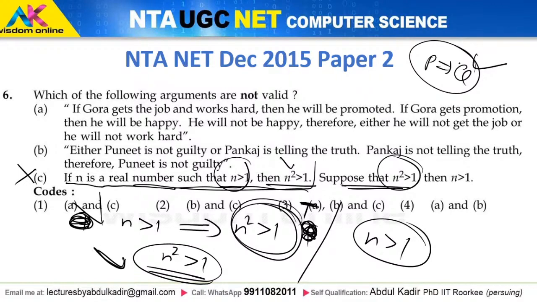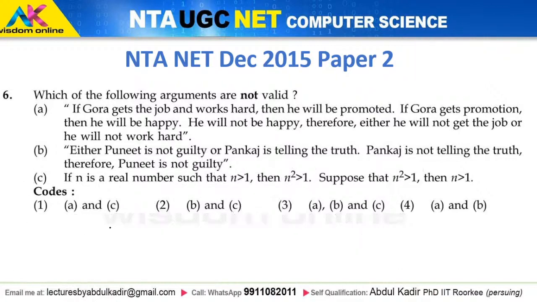So when this Q will become true, then the P does not matter. P can be true, P can be false. So we cannot say that this is always true. Are you getting my point? So that's why this option C is not valid.